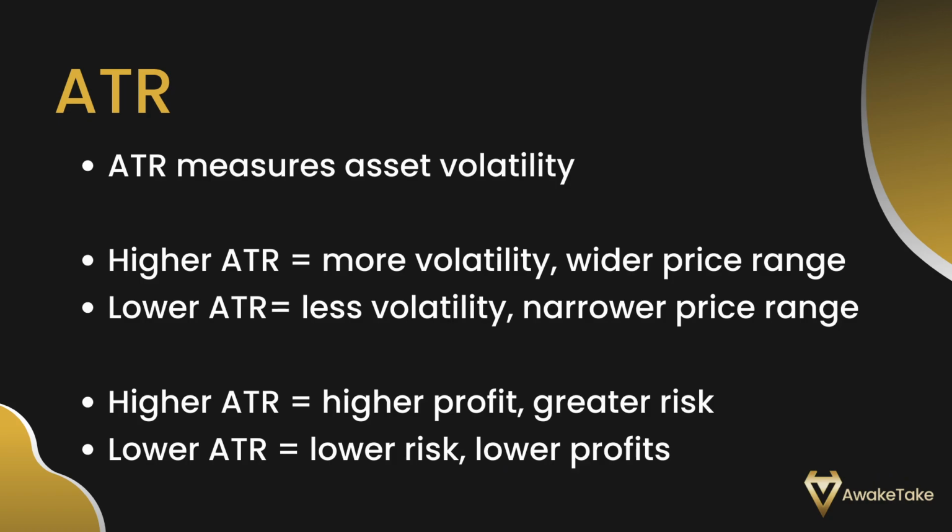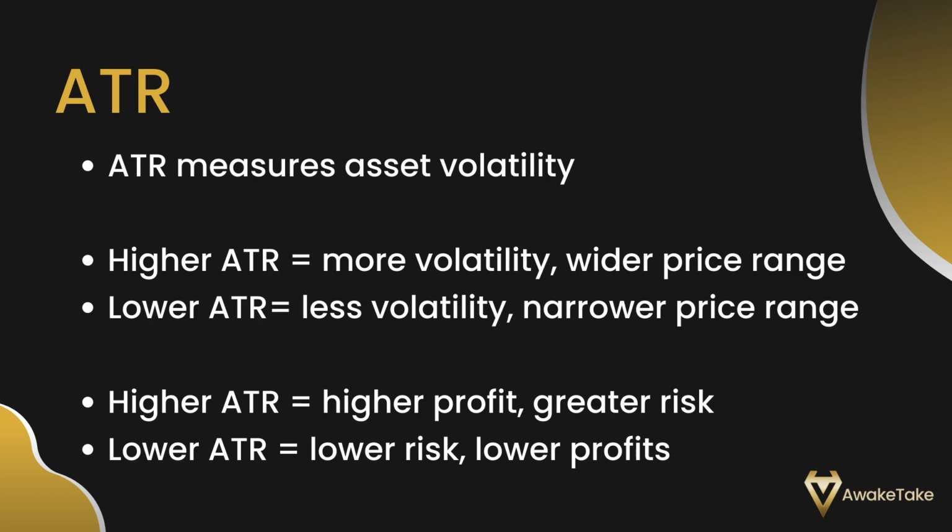So let's get started. Now let's start with the ATR, which is average true range, and this is an indicator that measures the volatility of an asset, which can be useful in setting minimum and maximum price ranges. A higher ATR value suggests greater volatility and a wider price range, while a lower ATR value suggests less volatility and a narrower price range.